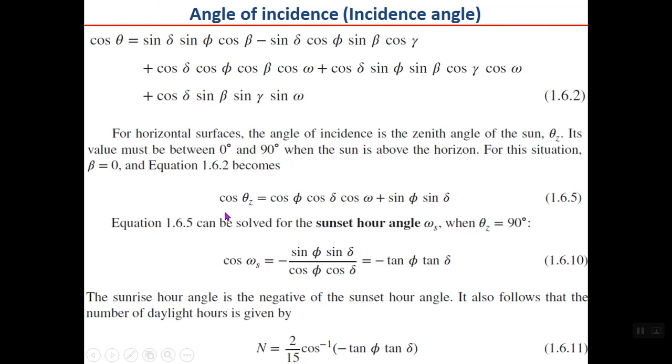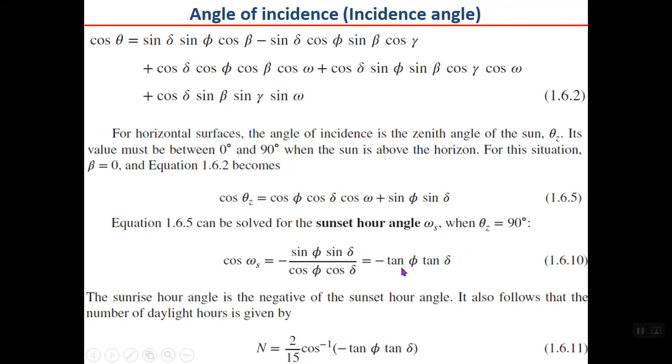Cosine of theta z will be 0, and by this equation you can calculate omega at the time of sunrise or sunset. If you show omega at the time of sunrise and sunset with omega s, where s defines the sunset or sunrise time, then omega s can be determined by this simple formula.